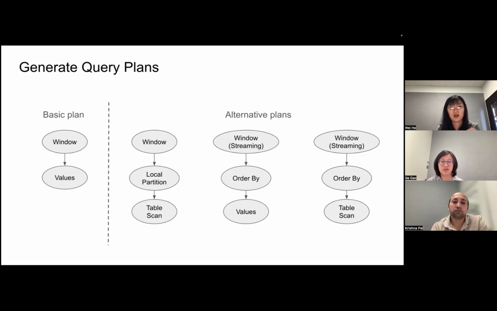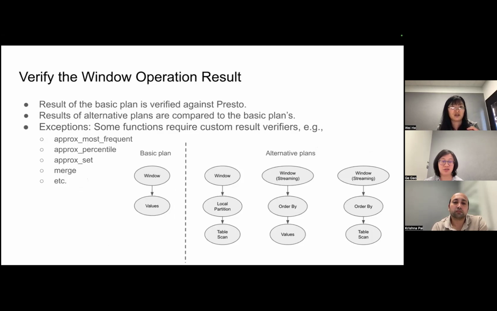We make sure that after we get the results from the basic plan in Velox, we compare the results with the same query from Presto. We make sure that the results are the same, and then we also make sure that the results of all the equivalent plans are the same as the basic plan.